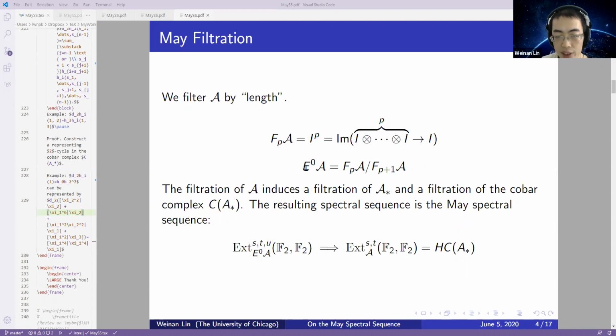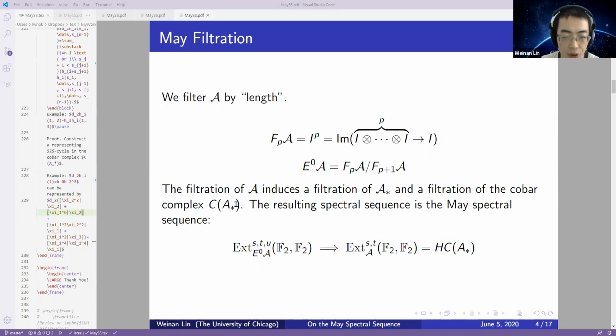So the associated graded algebra of the Steenrod algebra is, sorry, I forgot the direct sum here. It's the direct sum of all those F^pA over F^(p+1)A for all p. And the filtration of A induces a filtration of the dual Steenrod algebra, and hence a filtration of the cobar complex.